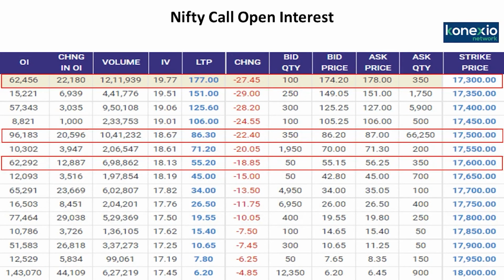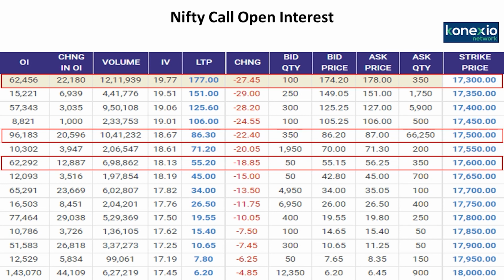First of all, let us discuss what we have observed in Nifty calls. In Nifty calls, the action was seen in 17,300 calls, then 17,500 calls, and 17,600 calls. Here you can see there has been a rise in the open interest, but there has been a significant drop in option premiums.